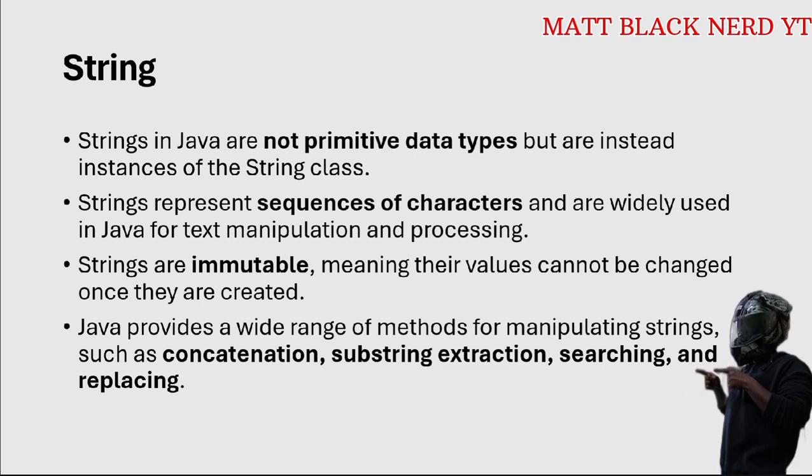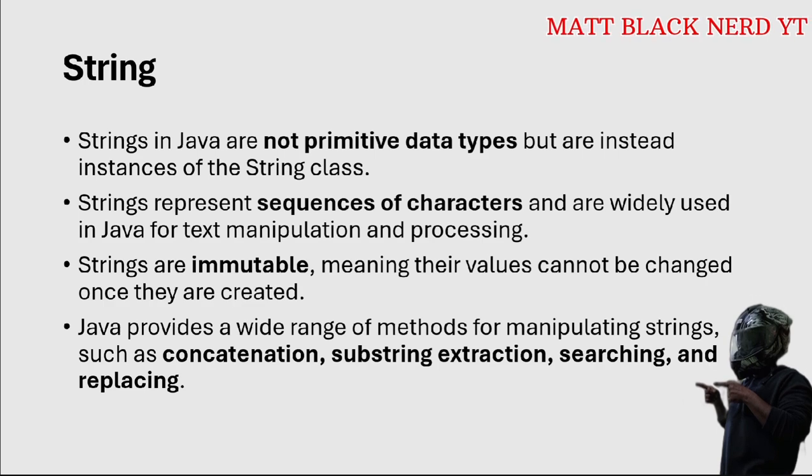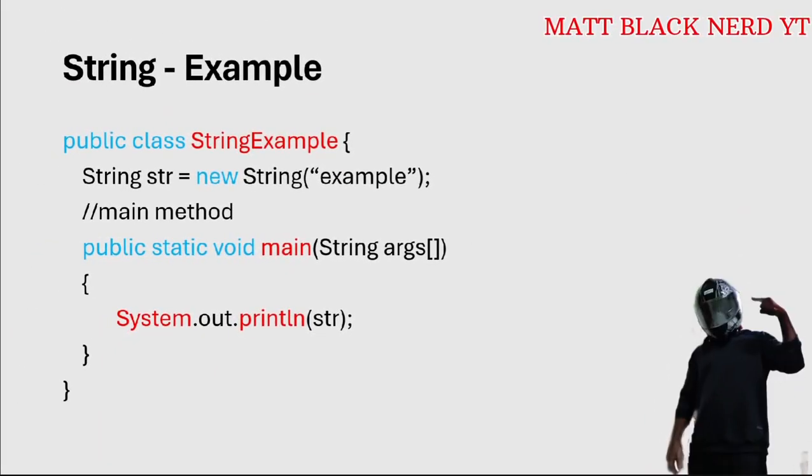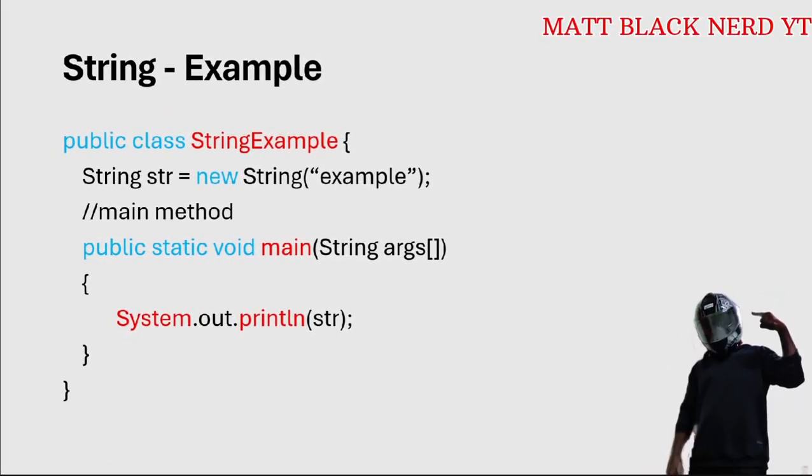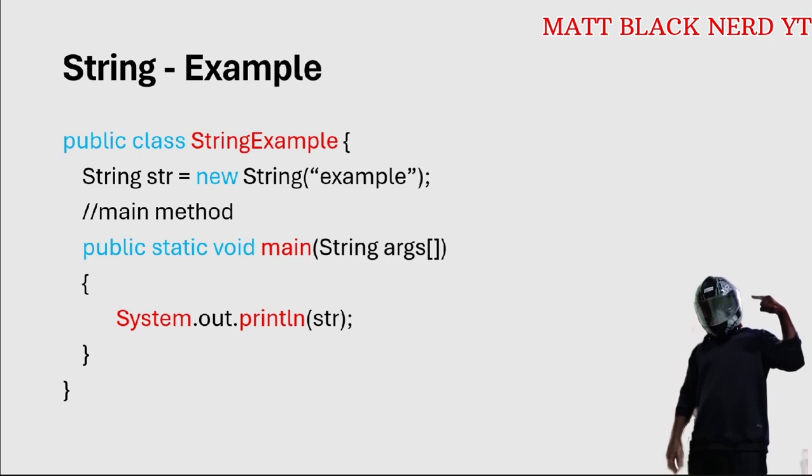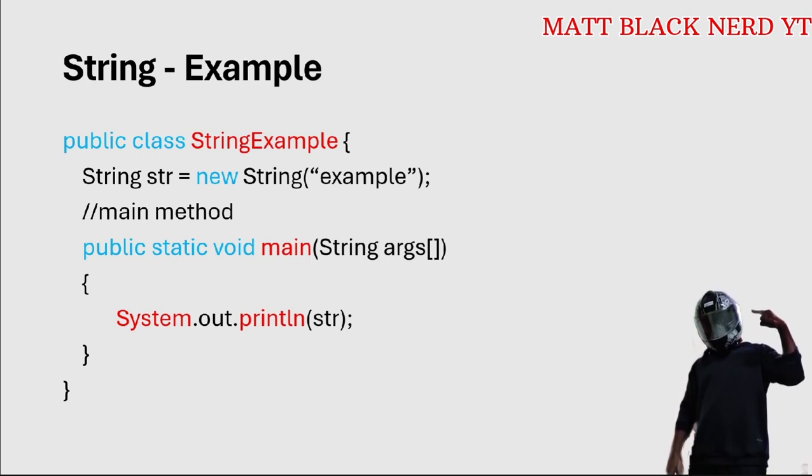Java provides a wide range of methods for manipulating strings such as concatenation, substring extraction, searching, and replacing. In this code, the example string is stored in a variable str of type String using the new keyword, and in the main method, the value of the str variable is printed.